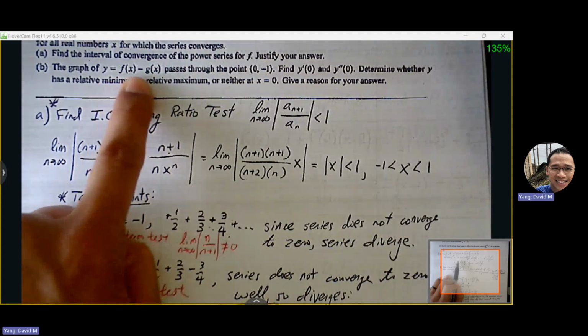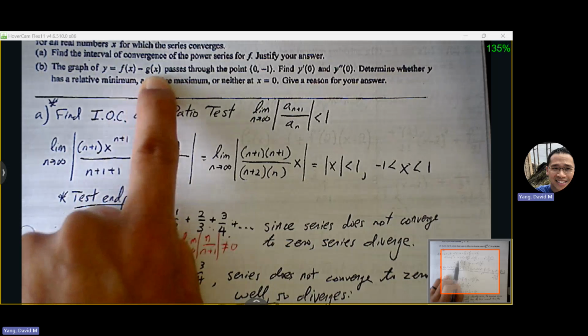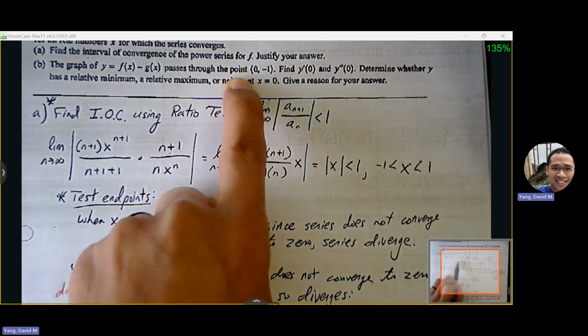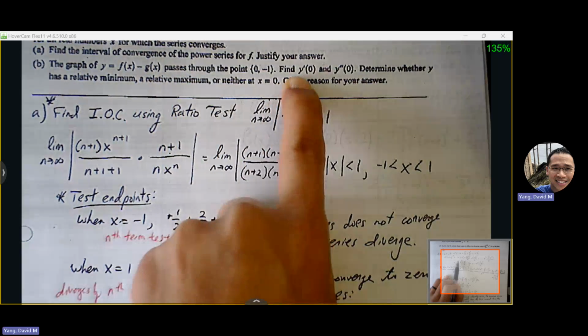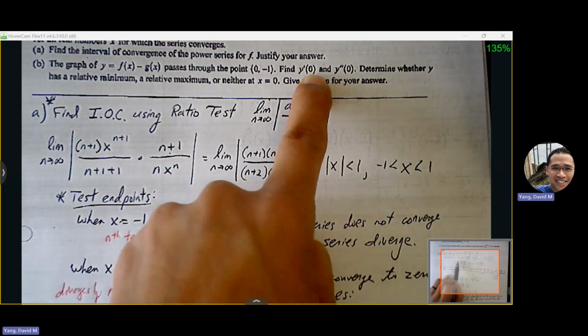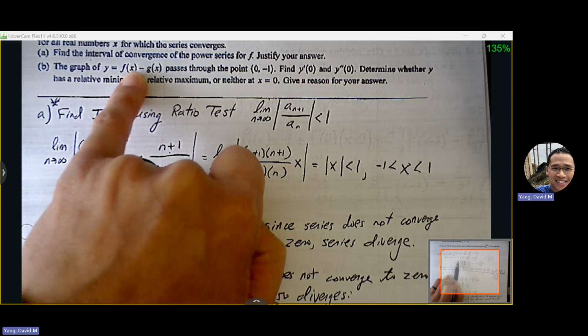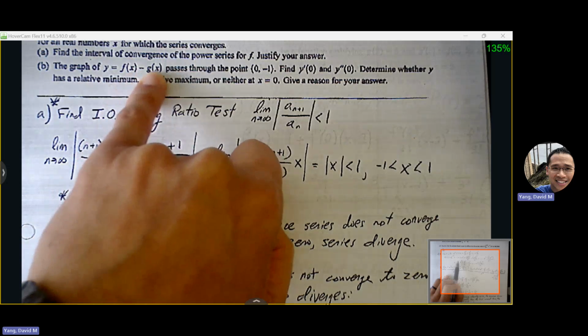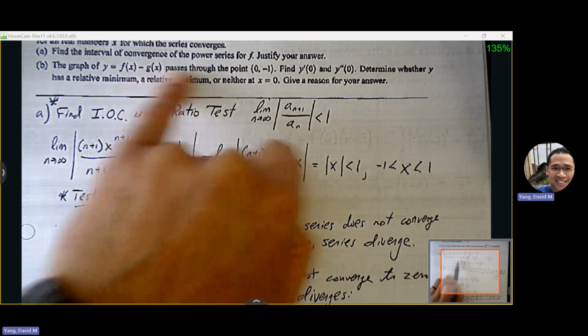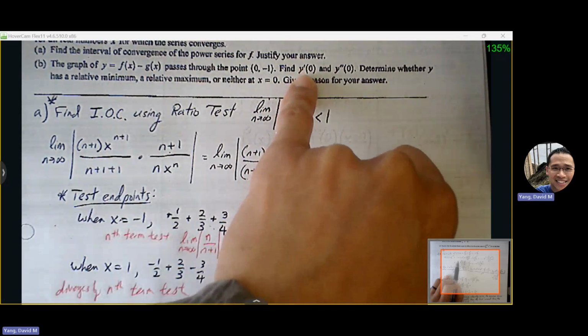Part B, the graph of f minus g passes through the point (0, -1). Find y prime of 0 and y double prime of 0. So y prime of 0 is just f prime minus g prime. See if you can write out the first few terms of f prime and of g prime, and then plug 0 into each and see if you can convince yourself what y prime of 0 is equal to.